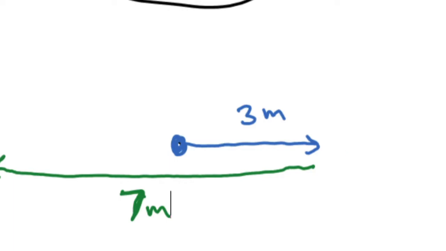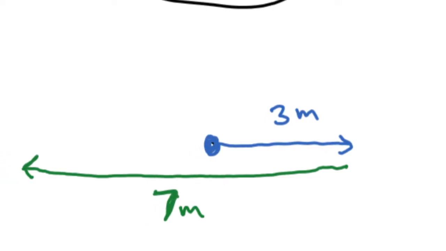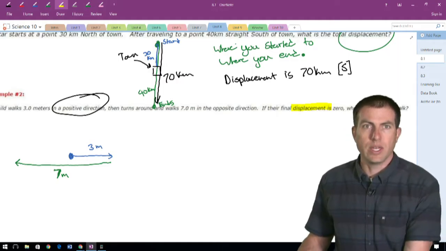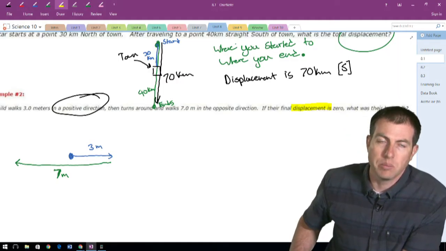So again, we're coming back to this word displacement. And displacement is how far you are away from where you started. So in this example, it's saying their displacement is 0. They are exactly where they started. They're ending where they began.